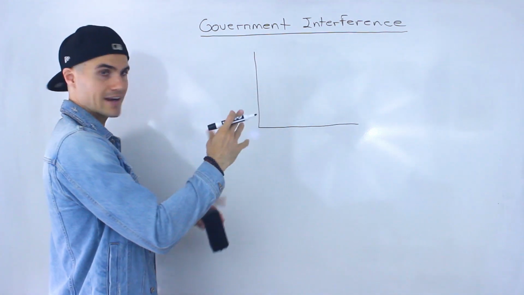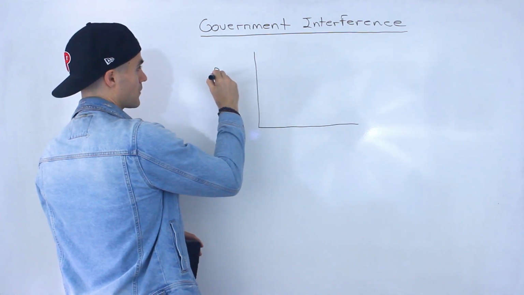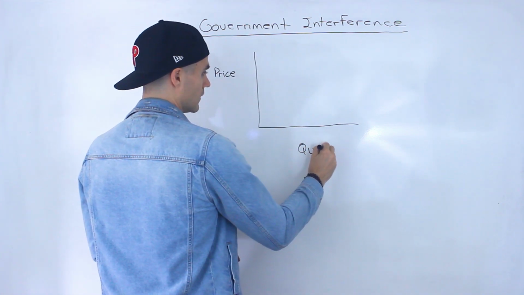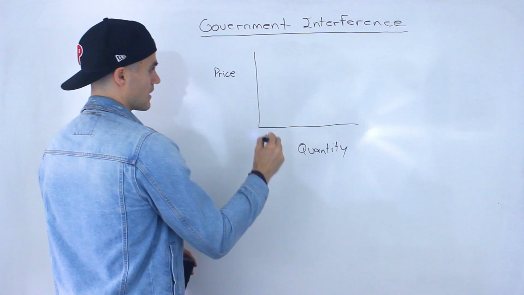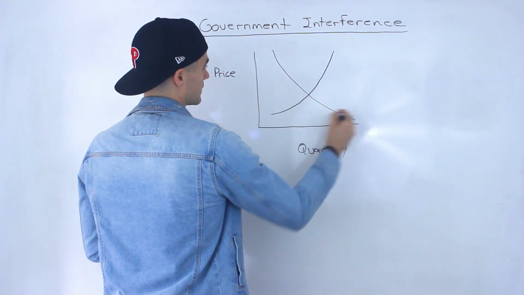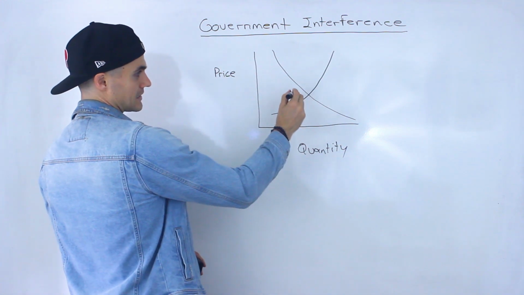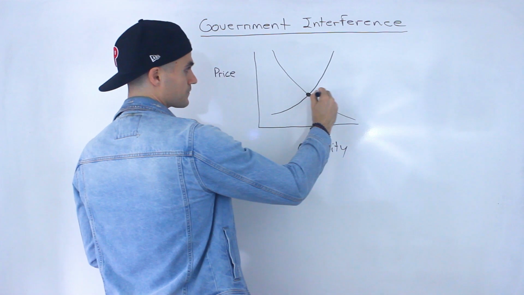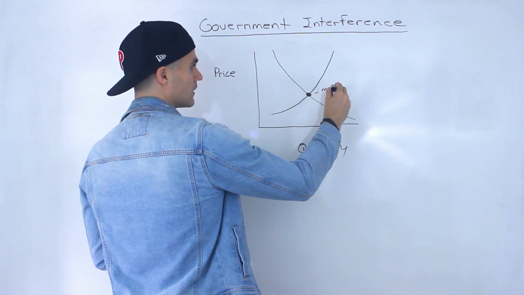So let's say we're looking at a certain good or service. We've got the price of the good or service on the y-axis. We got the quantity on the x-axis, and we got a supply curve, we got a demand curve. And basically where that demand and supply curve are going to meet is going to be here, and this is called the market equilibrium.